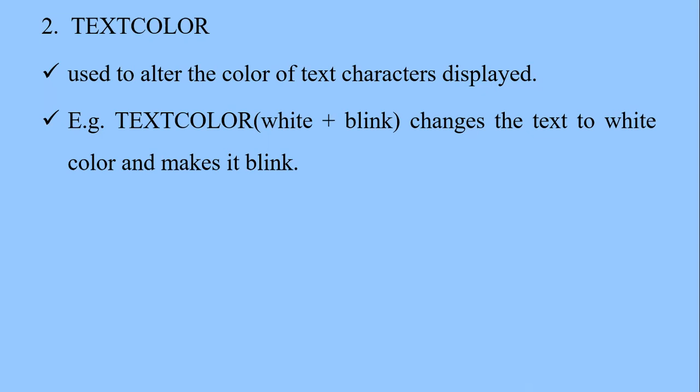Therefore, within the executable statements, you can include a function like text color in parentheses, the color you want, in this case white, and then if you want it to behave a certain way, like blinking, you put the addition sign, blink. That will make the text white and blink.